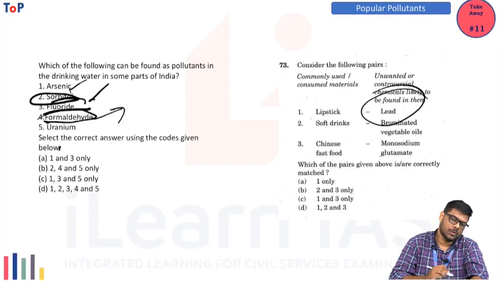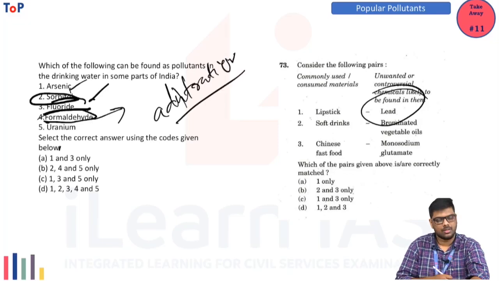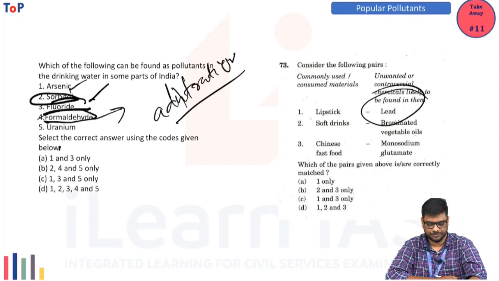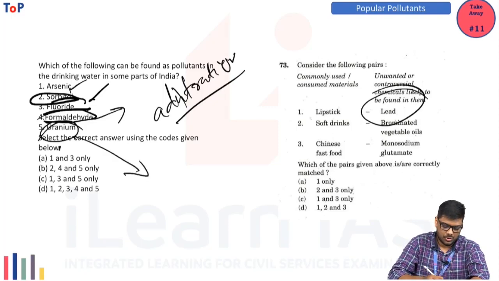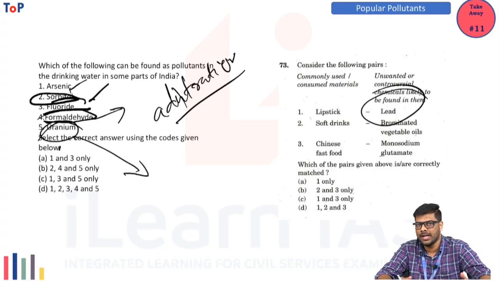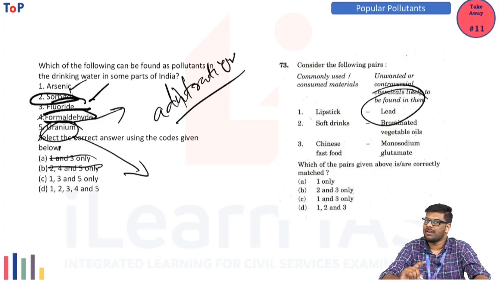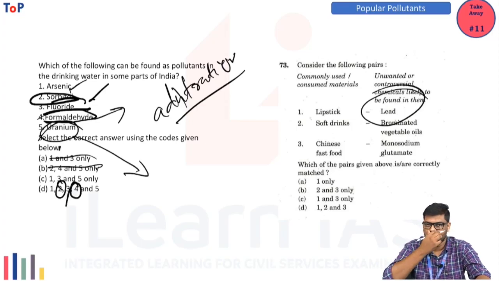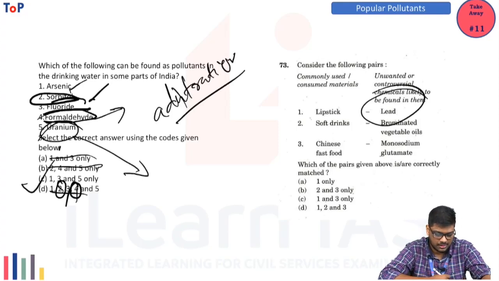Because it's a chemical used for adulteration, used in fish. And uranium, again an element which can be found in earth naturally. So arsenic, fluoride, uranium, all are natural elements. So go for the option that contains these. We have a doubt regarding 3 or 4 or 2 or 4, but we know that formaldehyde is not naturally found, it is man-made. Eliminate it, and you will get the answer as C.